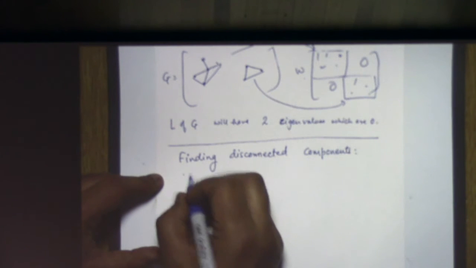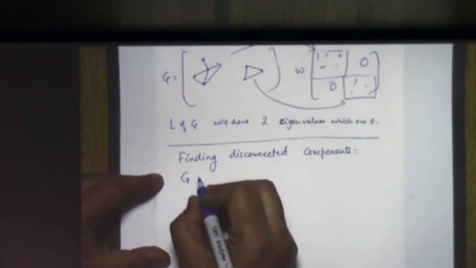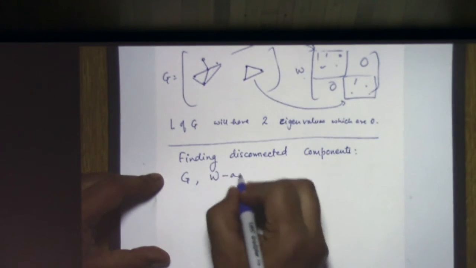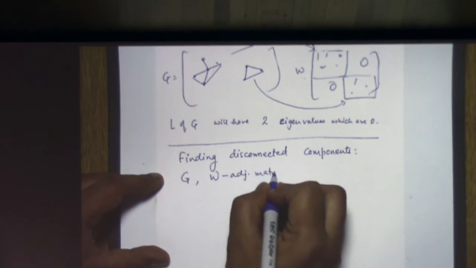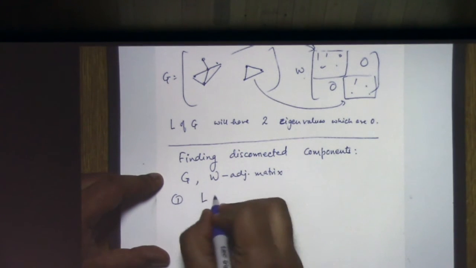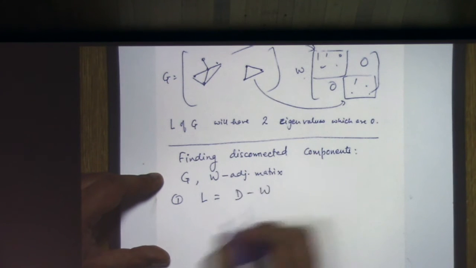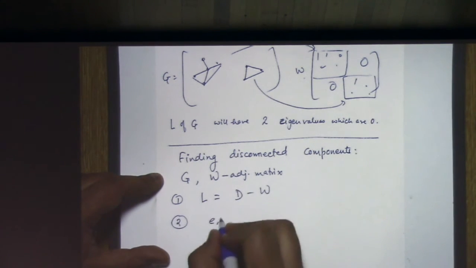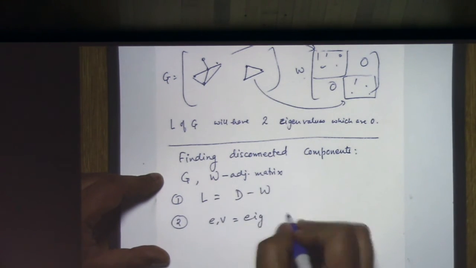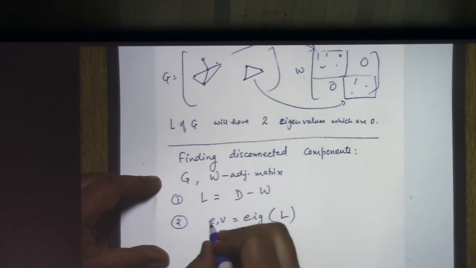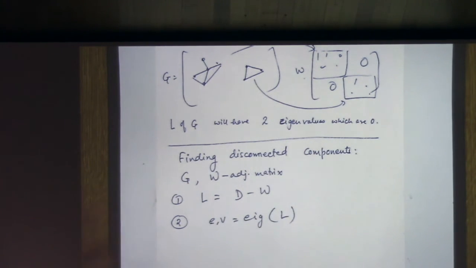Right, so you're given a graph G, which means that you're given its adjacency matrix. So step 1 is you compute L. L is D minus W. Step 2 is you do the eigenvector decomposition of L. So these are the eigenvectors and these are the eigenvalues.